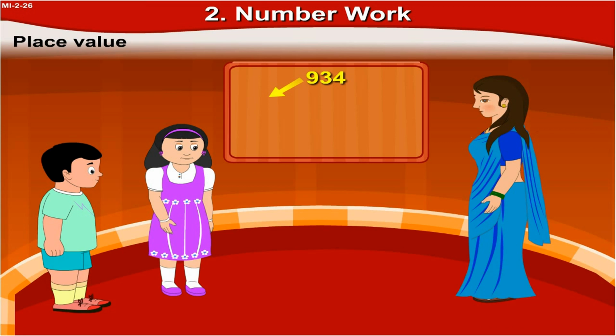The place value of 9 is 900. The place value of 3 is 30. The place value of 4 is 4. 705. Here, the place value of 7 is 700. Place value of 0 is 0. Place value of 5 is 5.